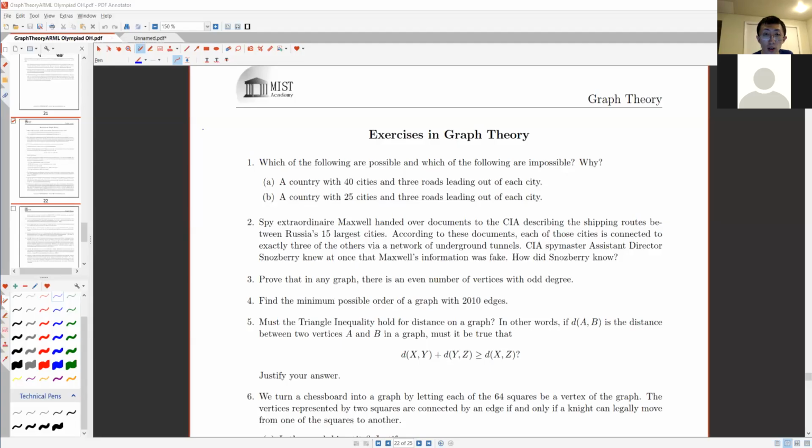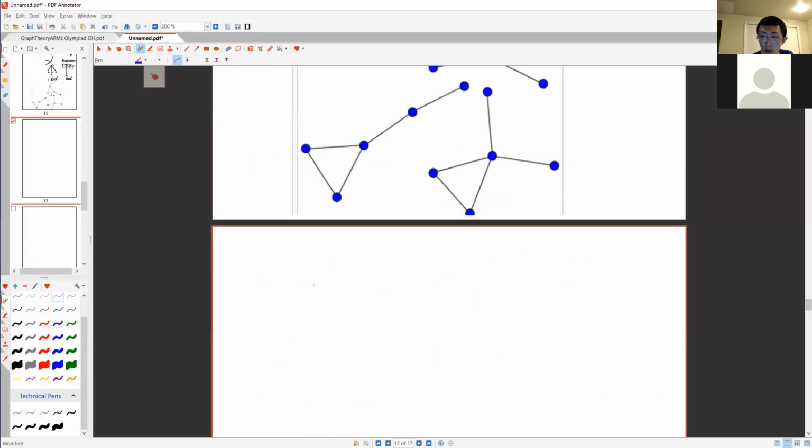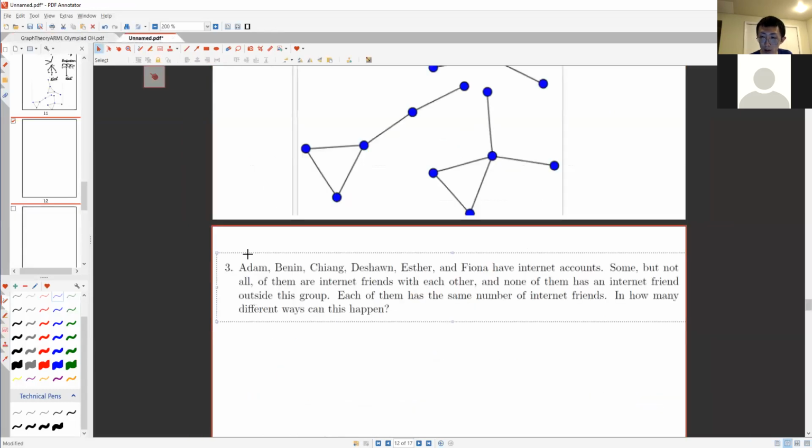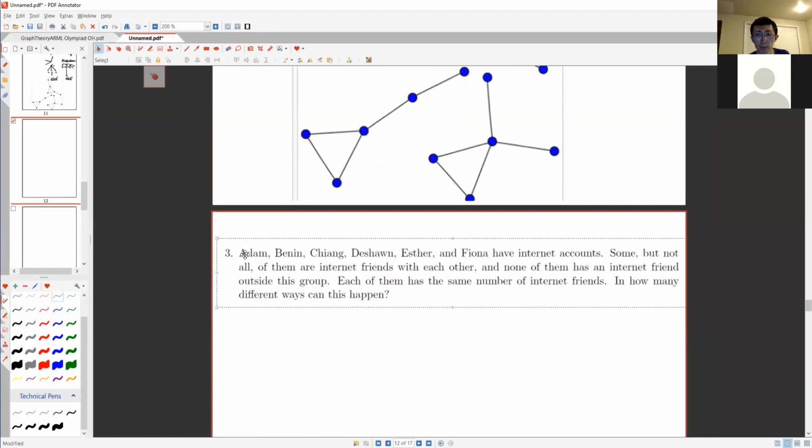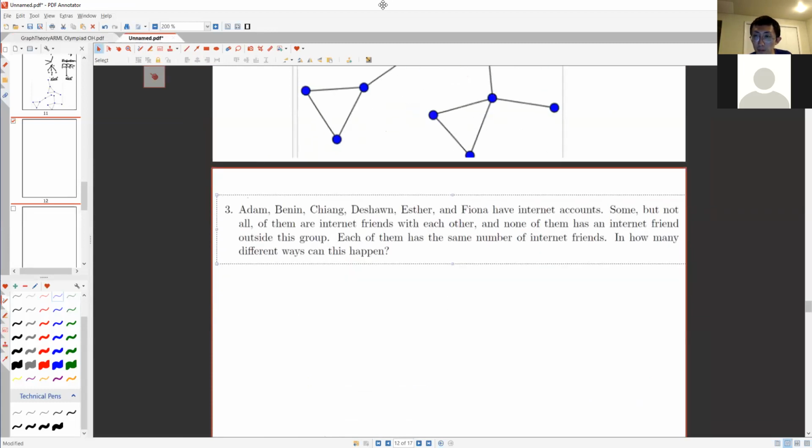So probably some of you who have been working very hard on AMCs have seen this before, but let's just take a look at it. So this is a computational graph theory problem.